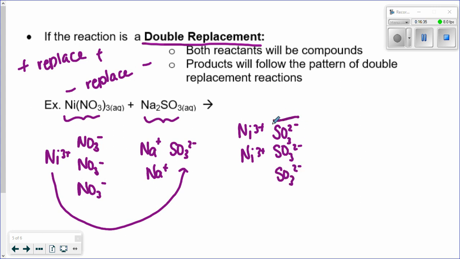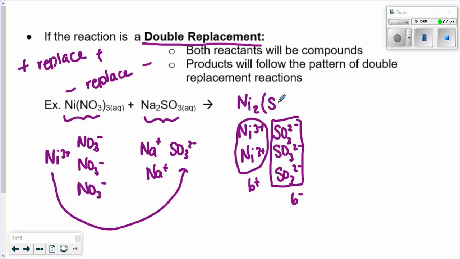So what we see is we have 3 SO3 2 minuses to give us an overall negative charge of 6 minus. We have 2 Ni3 pluses to give us an overall charge of 6 plus. So the way that I write this is Ni2, since I have 2 nickels, and I need to put brackets around a polyatomic, SO3. I needed 3 of those. So Ni2(SO3)3.